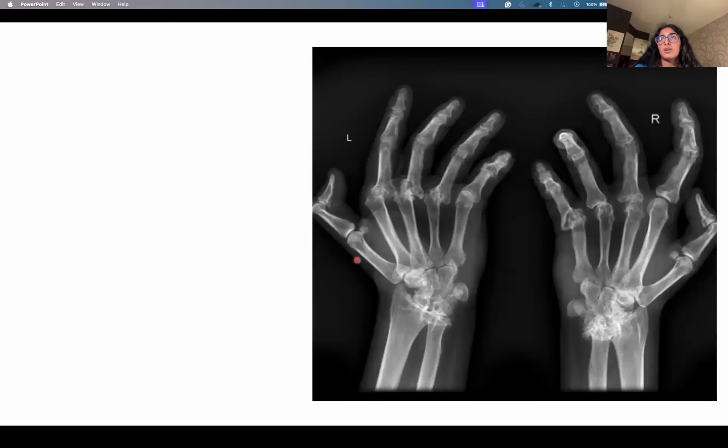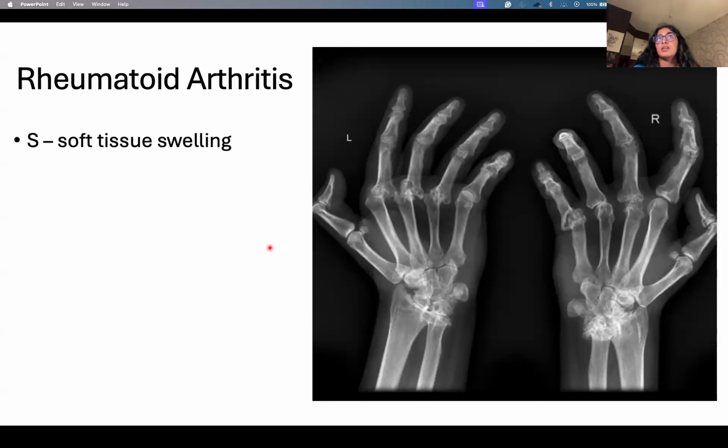So here we have a different X-ray. Any idea what this might be? Rheumatoid arthritis, good. It is rheumatoid.